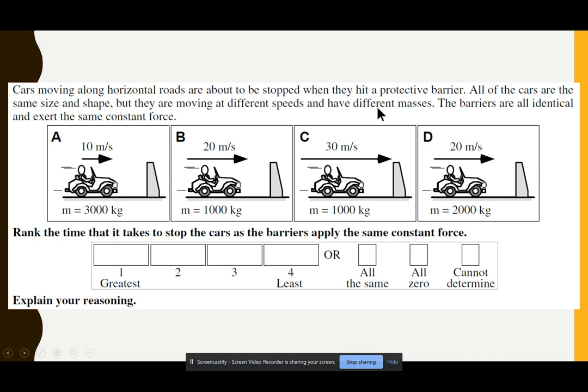The barriers are all identical and exert the same force. So this right here is saying it's all the same force. Rank the time that it takes to stop the car as the barrier applies the same contact force. So we're given velocity, we're given mass, we know it's the same force, and we're looking for time.